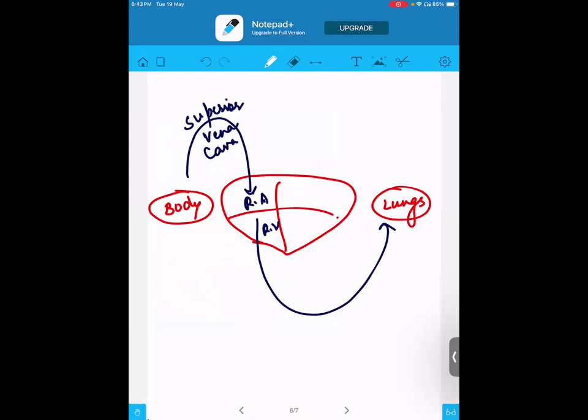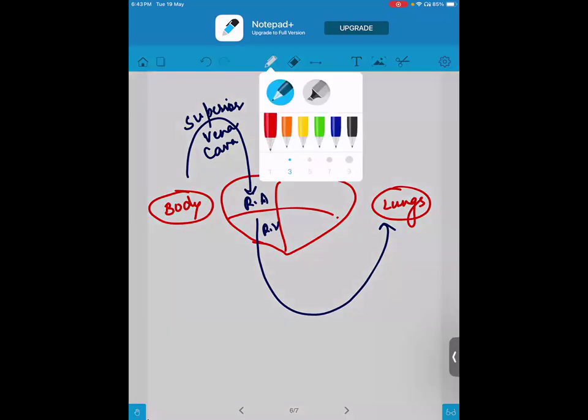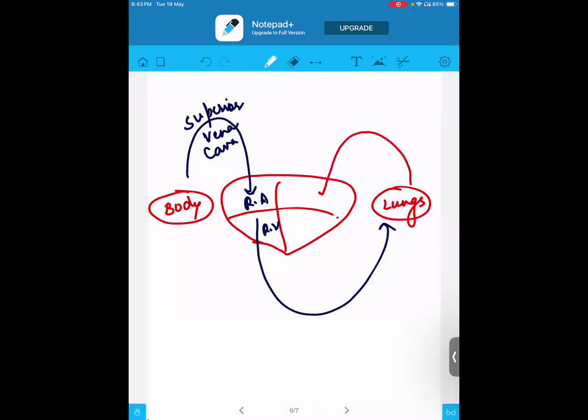So this is the first circulation. Now, the second circulation: from the lungs, oxygenated blood goes into the left auricle, left ventricle, then again to the body through the aorta. So that is how it is the double circulation, twice entering and leaving of the blood through the heart.